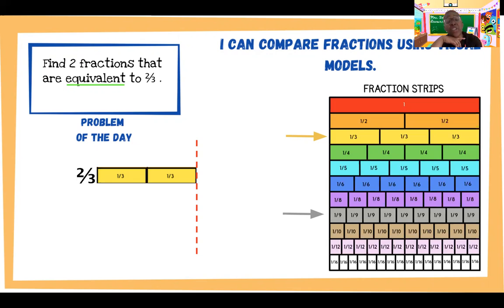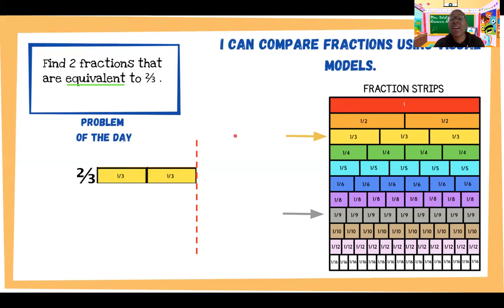Well, I have a trick for you that I want to share today. In order to find equivalent fractions, we're going to use what we know about multiples. And we are going to look for multiples of the denominator. And so what was our denominator in 2/3?